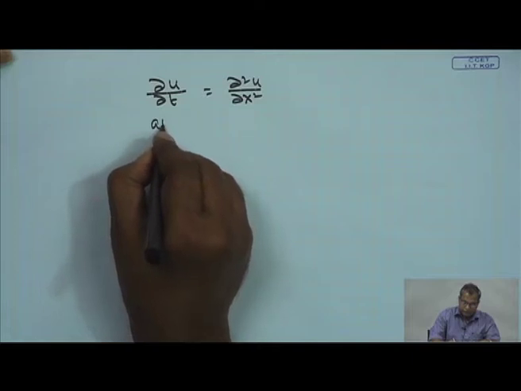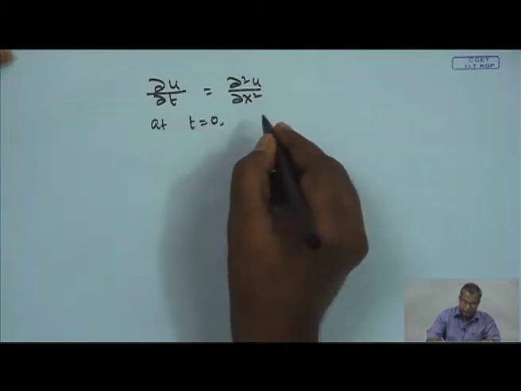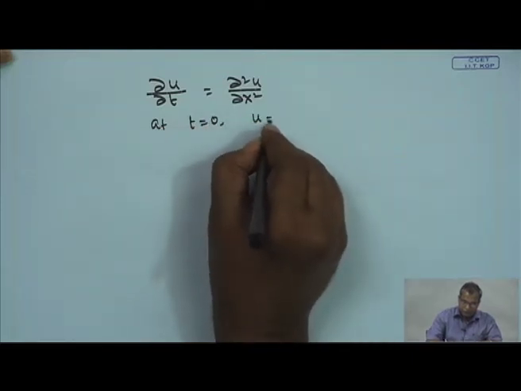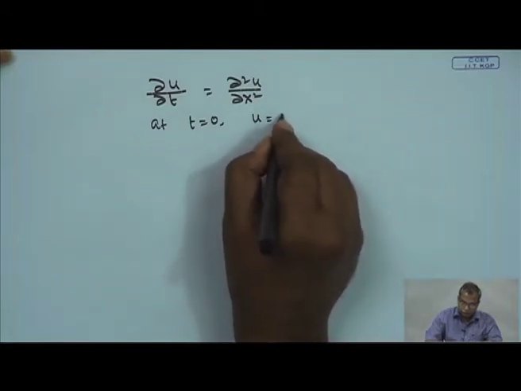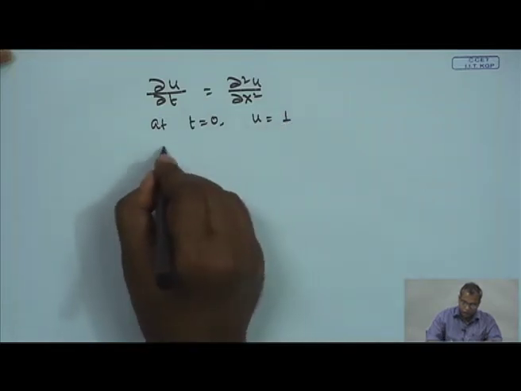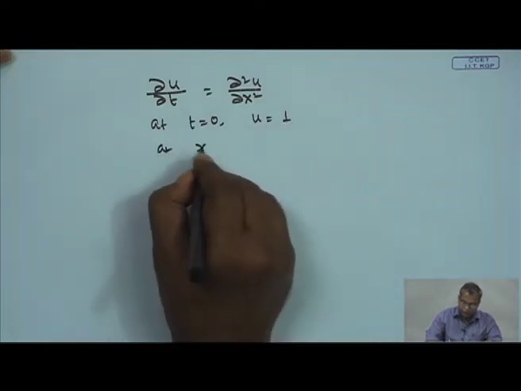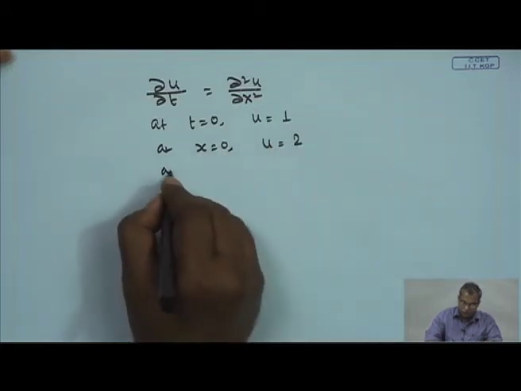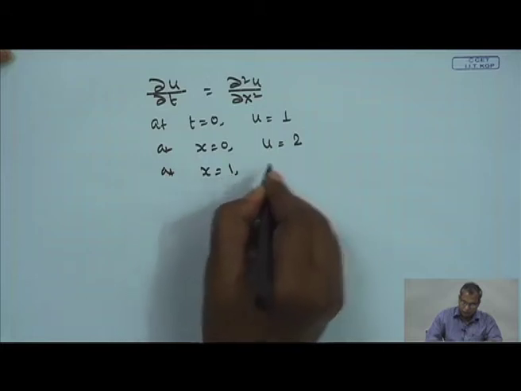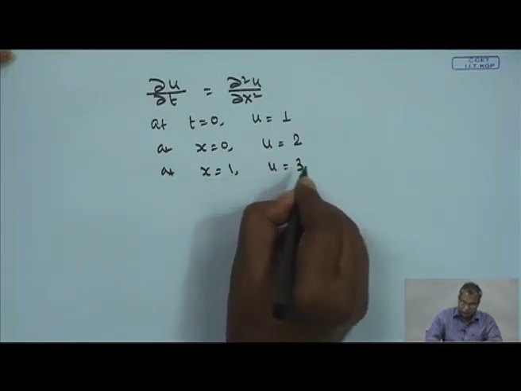At t is equal to 0, u is equal to 1 for every x. At x is equal to 0, u is equal to 2, and at x is equal to 1, u is equal to 3.